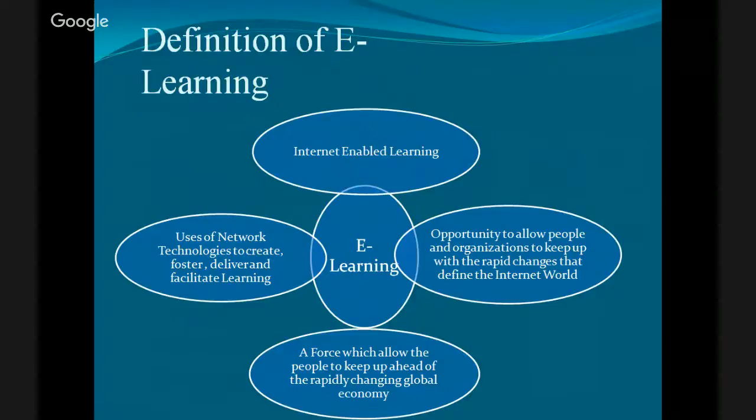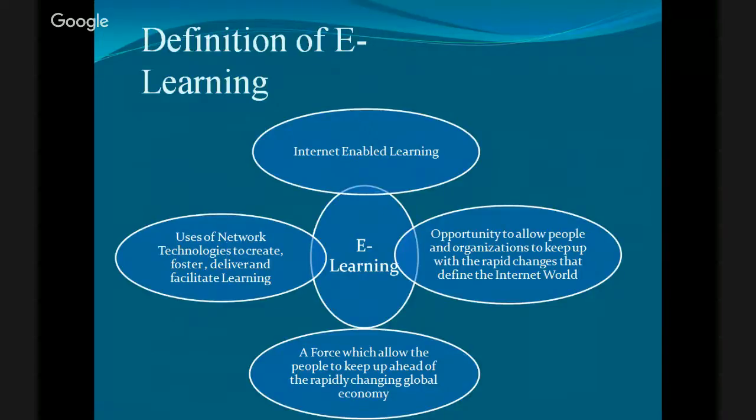First of all, let us see the definition of e-learning. The first definition says that it is internet enabled learning, which we know already, and it gives people and organizations the opportunity to keep up with the rapid changes that define the internet world. It also uses network technologies to create, foster, deliver, and facilitate learning.